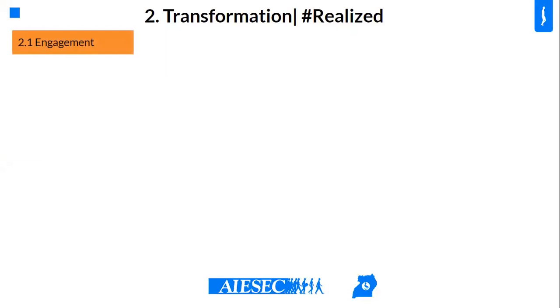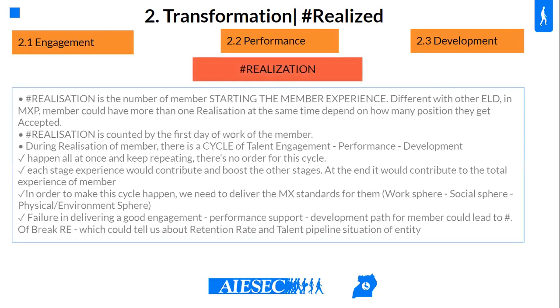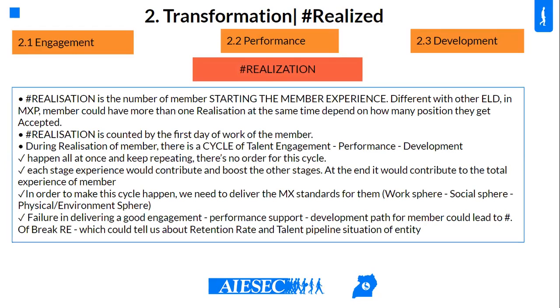So we go through the second one, which is transformation. Within transformation, we have 3 key processes: engagement, performance, and development. Transformation starts after approval and during the realization phase, right? As you can see, all of the 3 key steps in transformation are done under the realization phase of a member's journey.